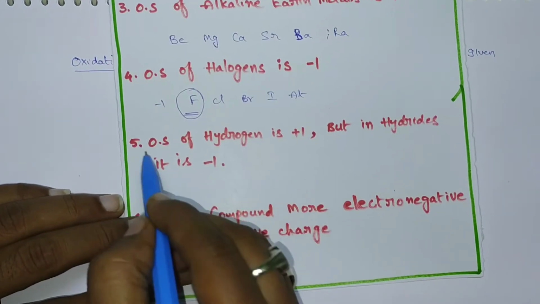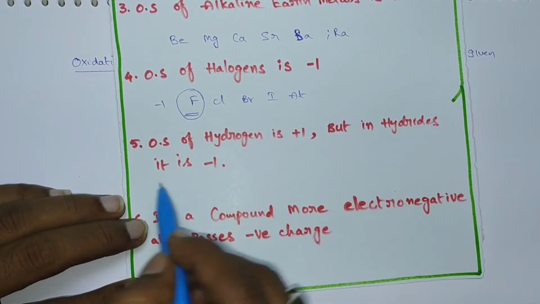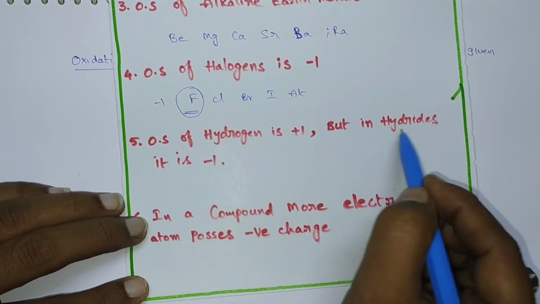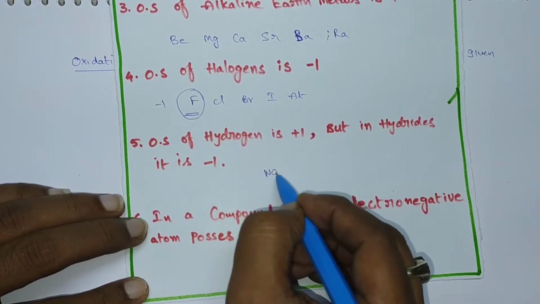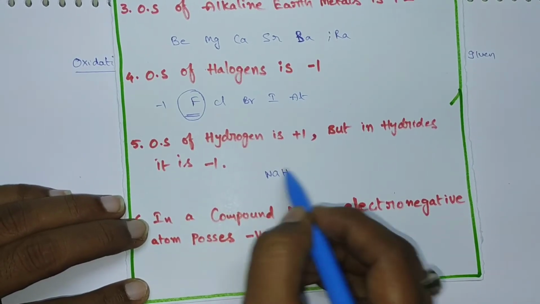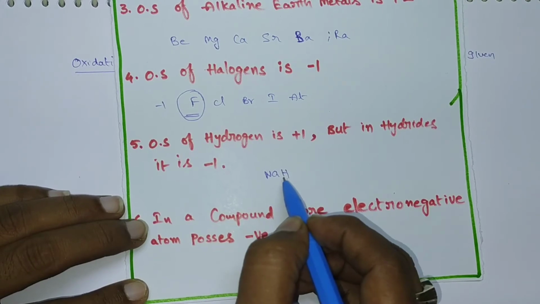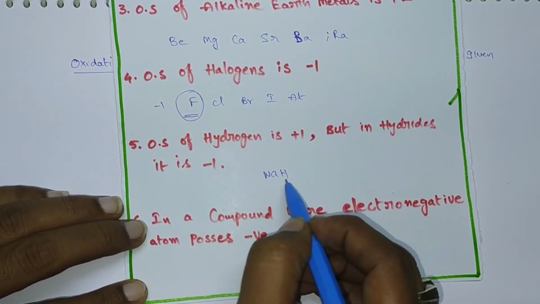Next, the oxidation state of hydrogen is +1, but in hydrides it is -1. Hydrides means generally hydrogen combines with metals, for example sodium hydride. When a metal combines with hydrogen, it forms hydrides. Here sodium is a metal and it combines with hydrogen to form metal hydride.